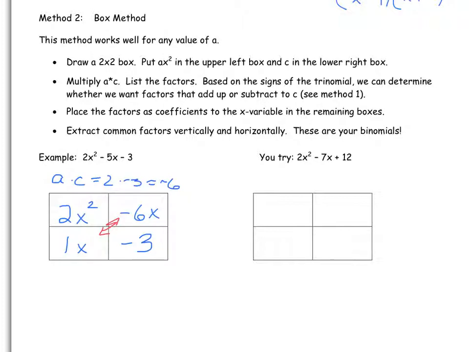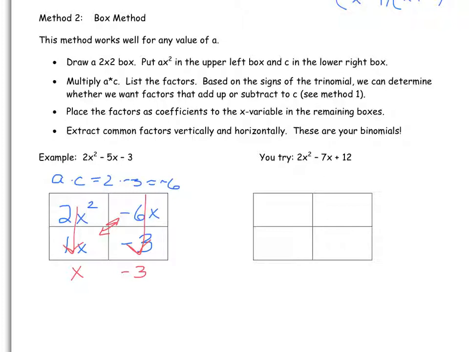Then the last thing you do is extract the common factors vertically and horizontally. Those are going to be your binomials. So the common factor vertically in that first column is going to be an x. The common factor in the second column going down is going to be a negative 3. I pulled out the greatest common factor.